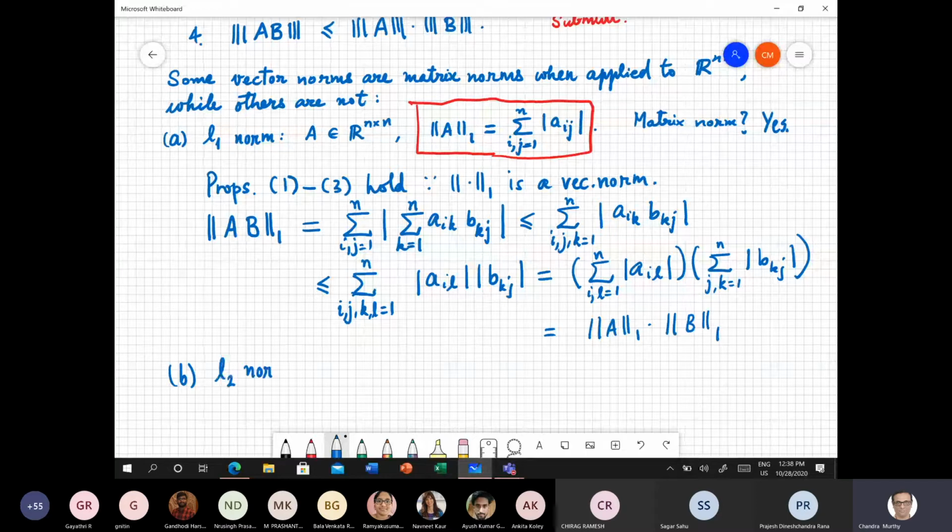Sir, the notation for the matrix norm will have three vertical bars, right? Why have you ignored one of the bars? Yeah, good question. It turns out that I'm going to define the L1 matrix norm a little differently in a few minutes, once we discuss something called induced norms. This is not quite the definition of the matrix L1 norm that I'm interested in, so I have used a different notation.